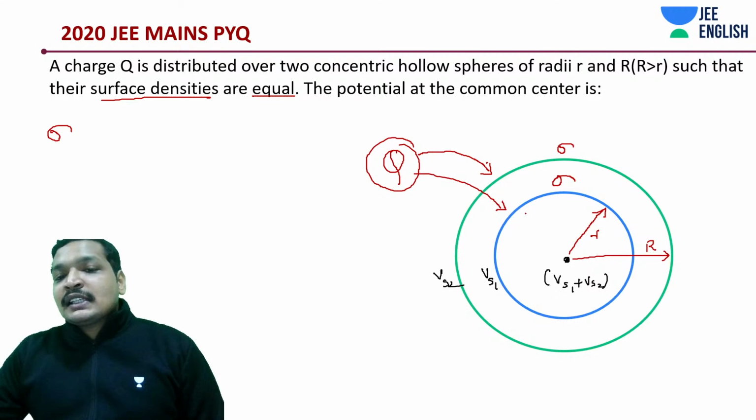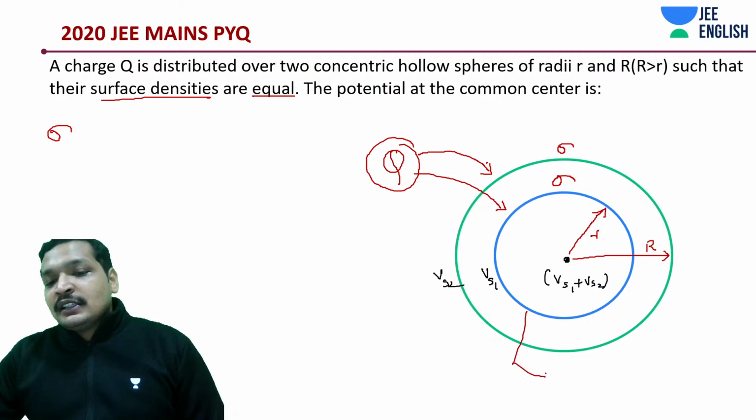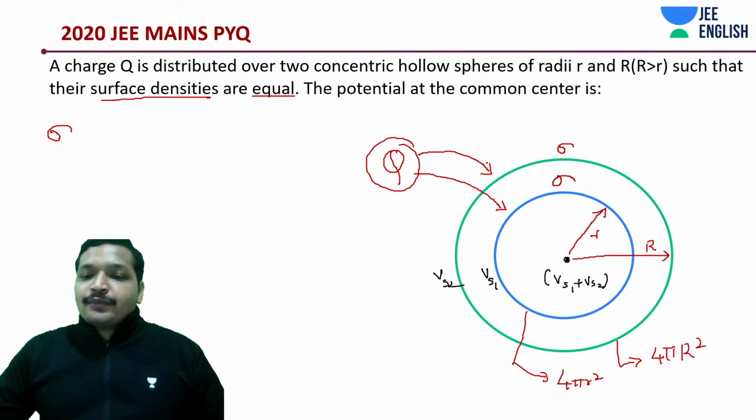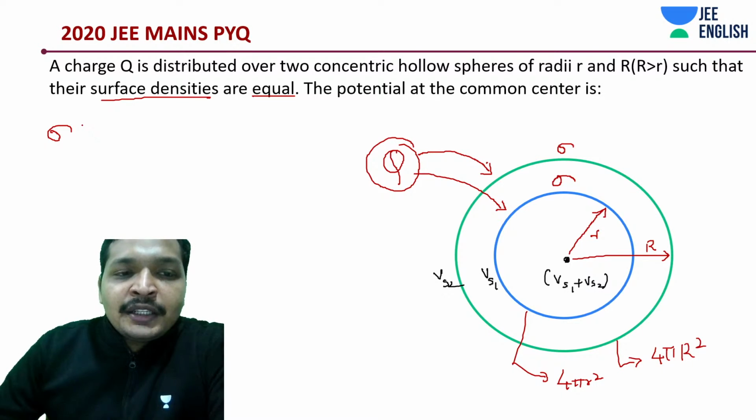Right? What is the surface area of the small shell? It's 4 pi small r square. And what is the surface area of the large shell? 4 pi capital R square. So this should be how much?